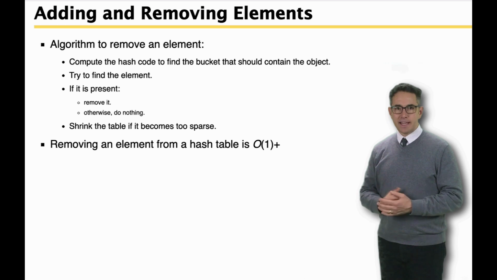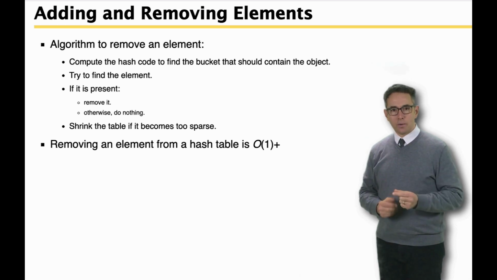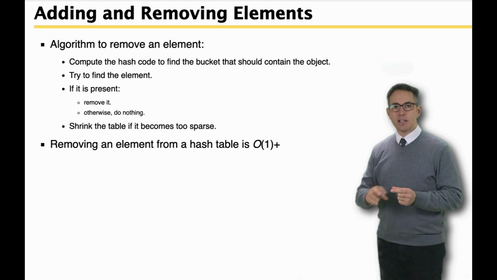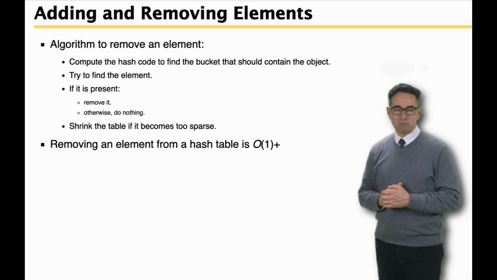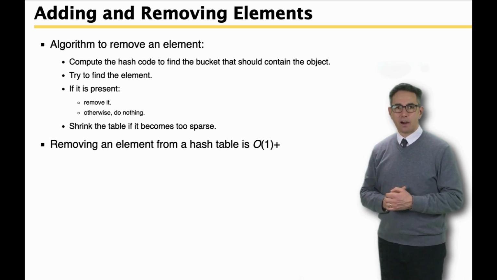So removing, like I said, is the same process. We take the element that we want to remove, we find the hash code, we compress it, that gives us an index H. We look in our array, we walk down the linked list. If we find the element, we take it out of that linked list. And if we don't find that element, we just return because we don't have to worry about removing something that's not there.